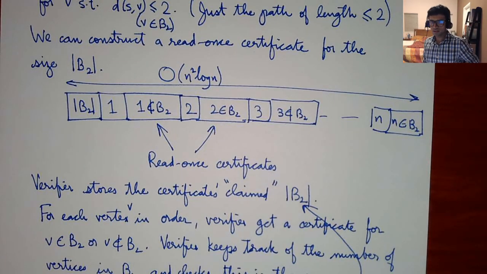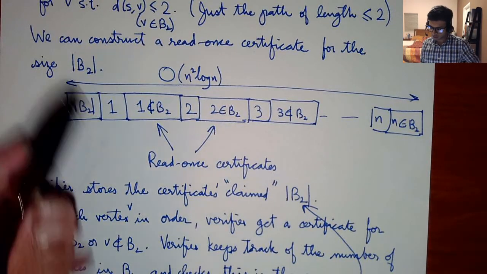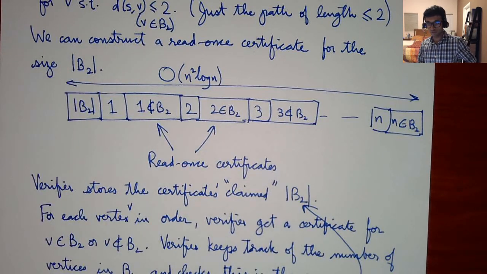Does this make sense? That we can actually construct a read once certificate for the size of B2? Right. And because the other certificates were all read once, everything works out. The whole thing is read once.